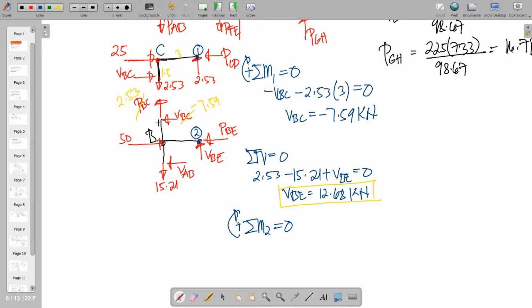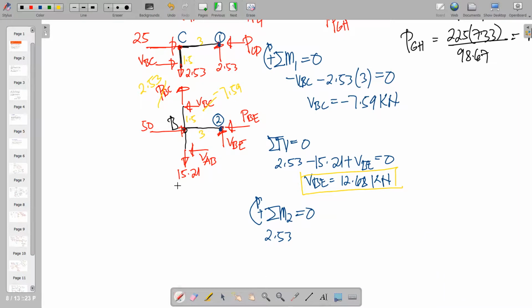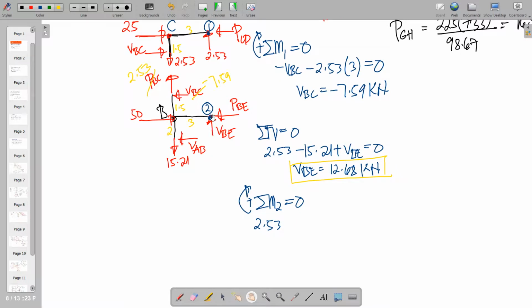We have clockwise 2.53. Okay, so we need to have these distances. This is 1.5. This is 3. How about we have 2 meters. So we take moments at 2.